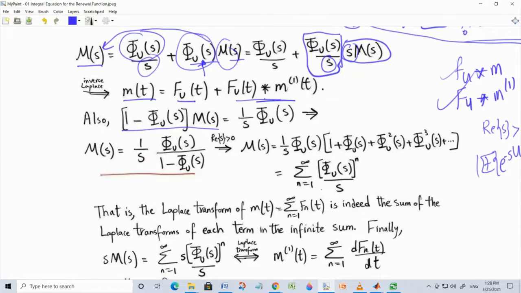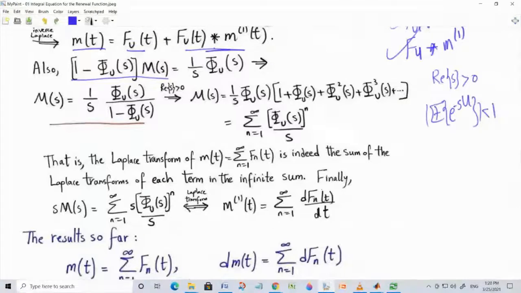We will assume that we have the formula for the renewal function, which is this one here. We will assume that if you take the Laplace transform of this formula, then you can basically interchange the Laplace transform and the infinite sum, which means that the Laplace transform of the sum is the sum of the Laplace transforms.